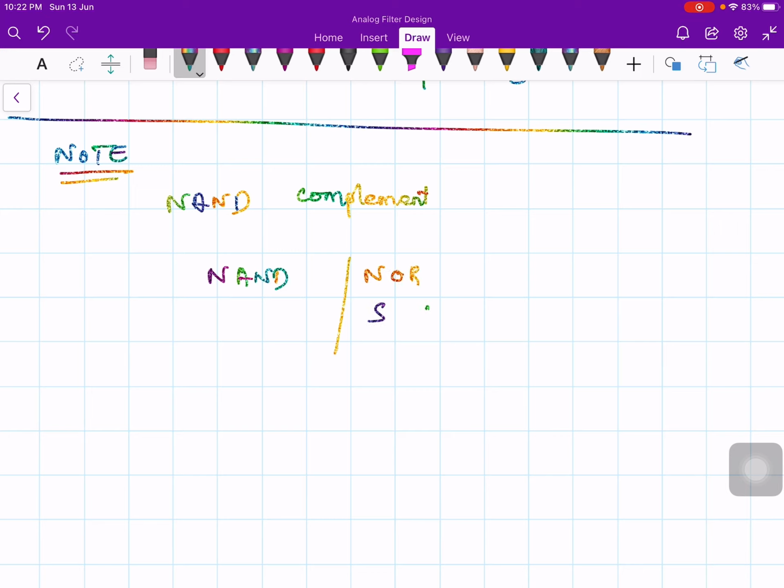Here if the inputs are SR and here the inputs are, if you want the same type of truth table, then input must be complemented.